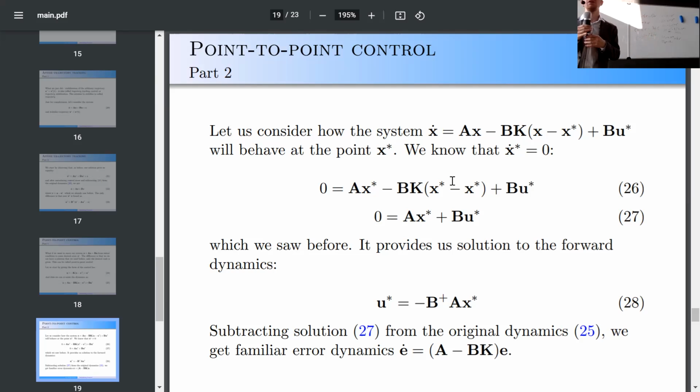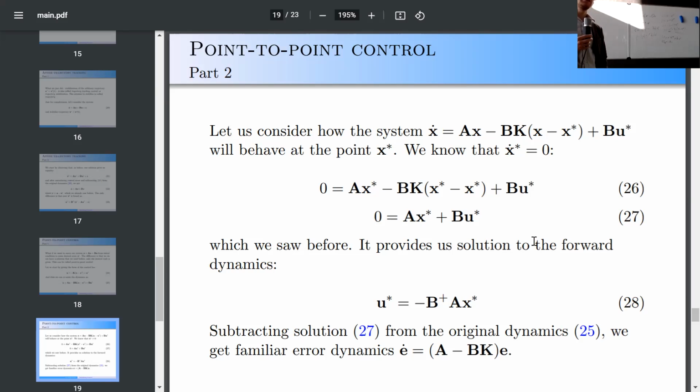We don't need to multiply the error by matrix K. Matrix K, and feedback control in general, you can think of as something that acts on your error and tries to minimize it. Error is 0, so feedback is 0. Good. Now you get equation 27, and equation 27 is something we can solve for u star. And that's exactly what we do. We pseudo-invert B, and we get equation 28.